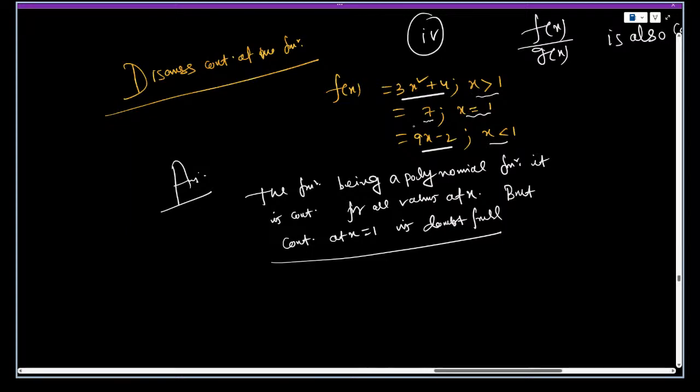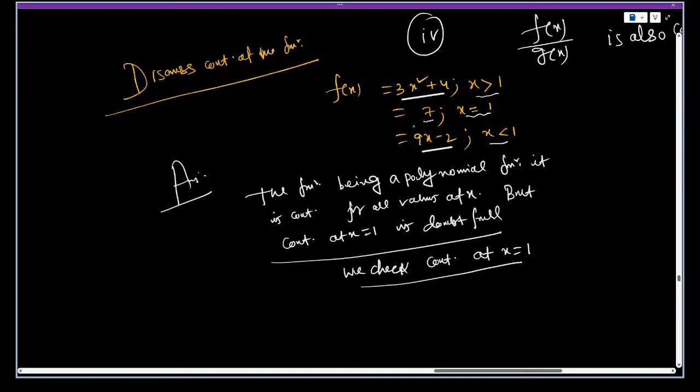Okay? So we check continuity at x equal to 1. If it is continuous at x equal to 1, we will say that it is continuous everywhere. Got the logic?